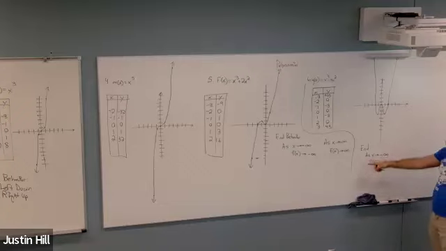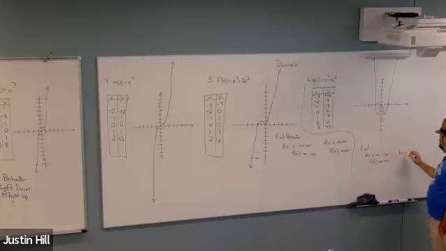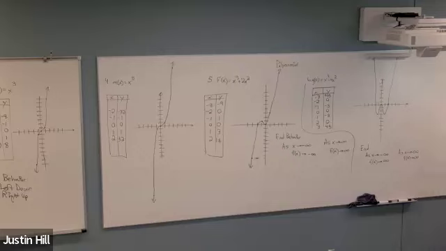So that's basically left goes up. And then as x goes right, it also goes up. So f of x also goes to positive infinity.